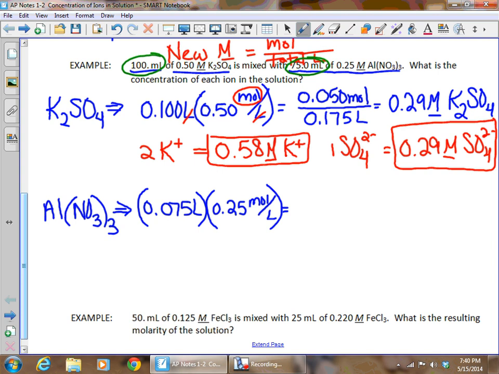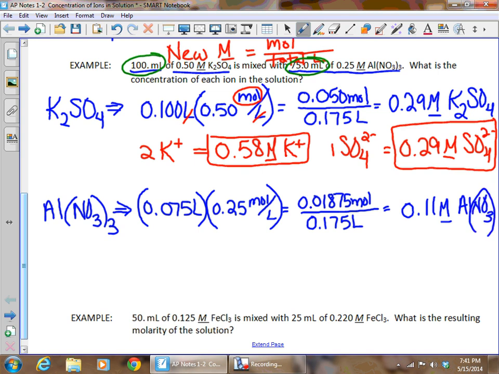We'll be left with 0.01875 moles of aluminum nitrate in the same quantity of water. It's mixed 100 plus 75 milliliters, so 175 milliliters or 0.175 liters of solution. We end up with a 0.11 molar solution of aluminum nitrate.